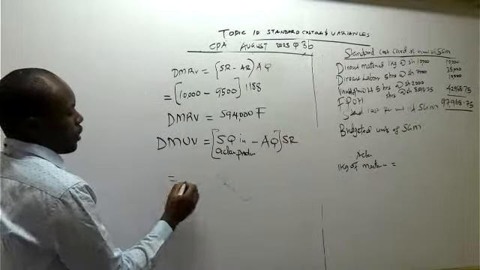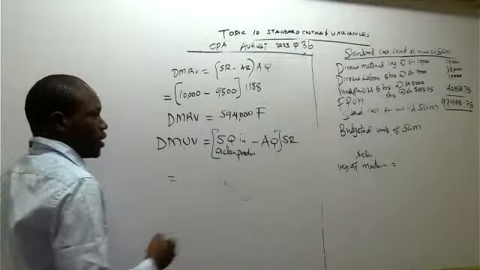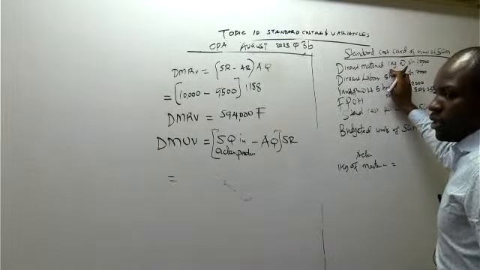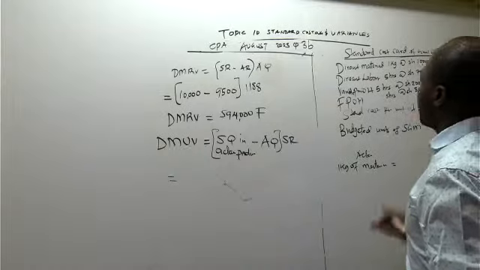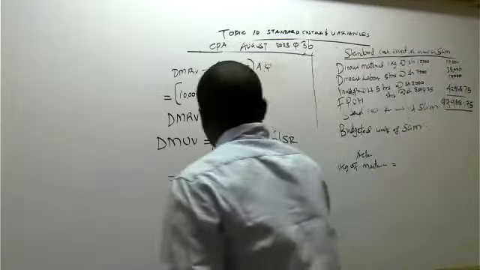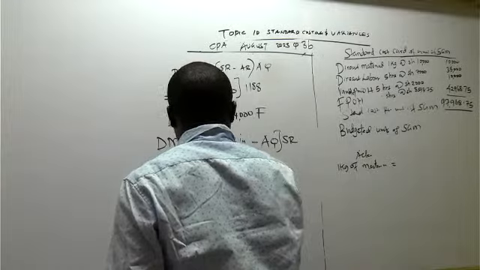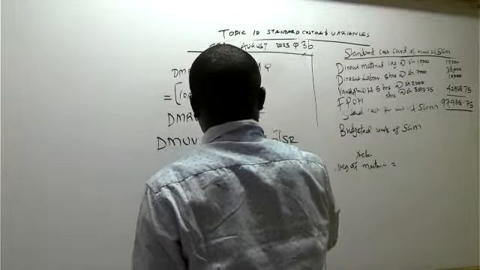Now, standard quantity in actual production, standard quantity for direct material: we need 1 kg to produce 1 unit of SGM. So standard quantity is equal to 1 kg times actual production of the finished product SGM.